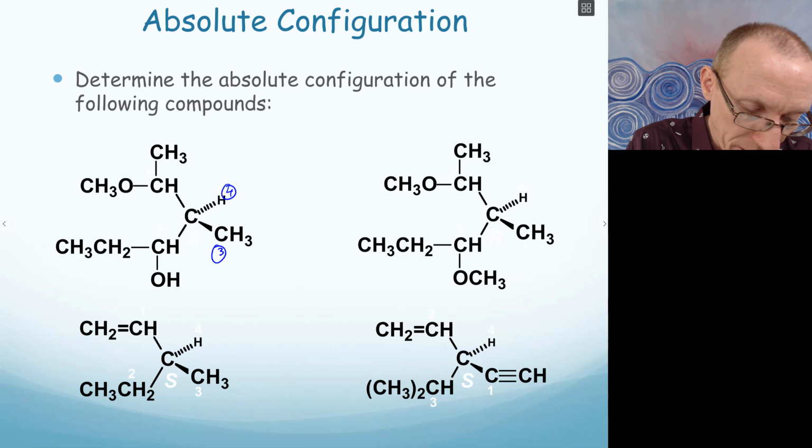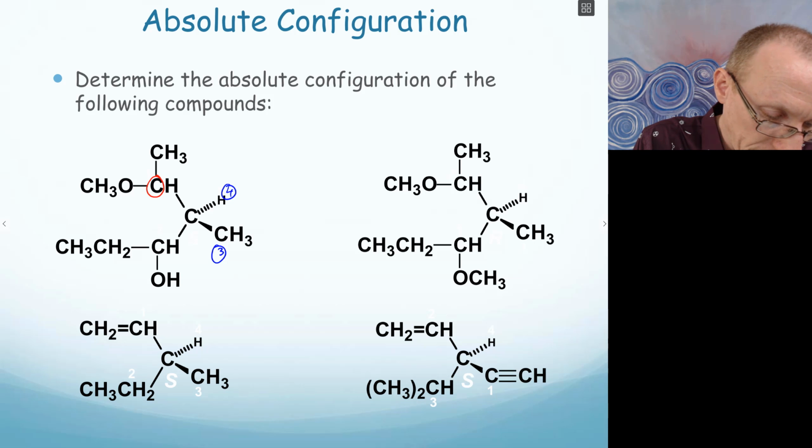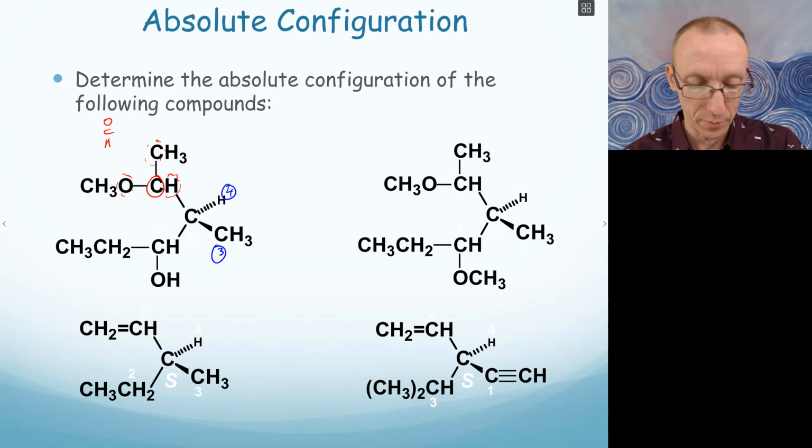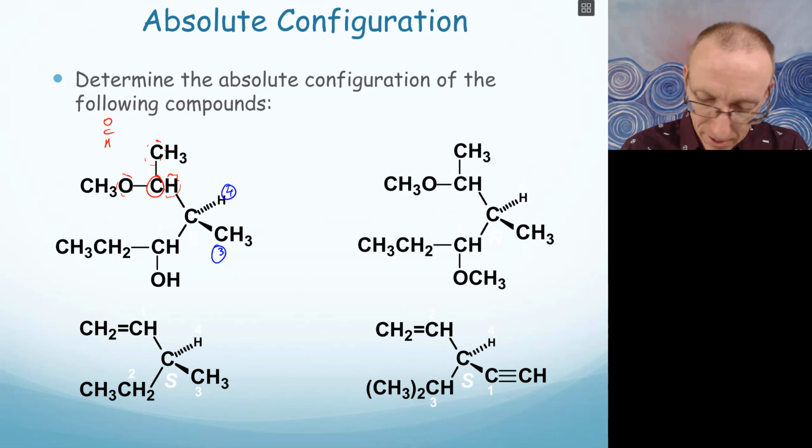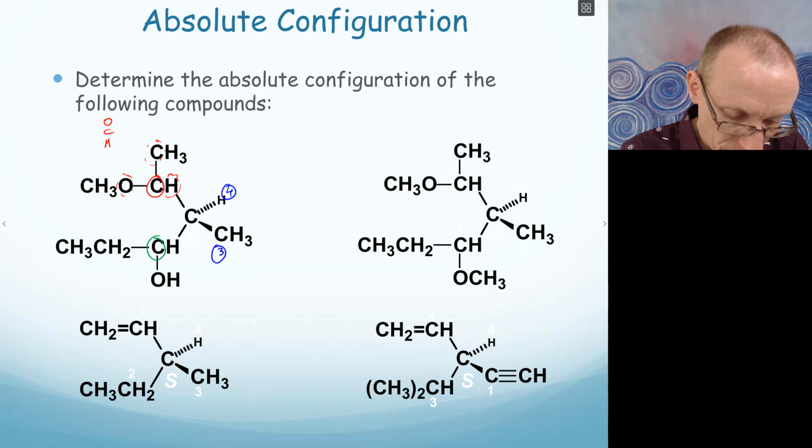Expanding out from this carbon, we've got an oxygen, a carbon, and a hydrogen. So that's carbon, oxygen, and hydrogen. I've just listed them in order of atomic number. And then if I do this one down here in green, we've got a hydrogen, an oxygen, and a carbon.